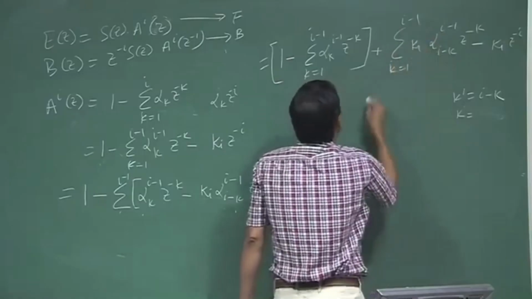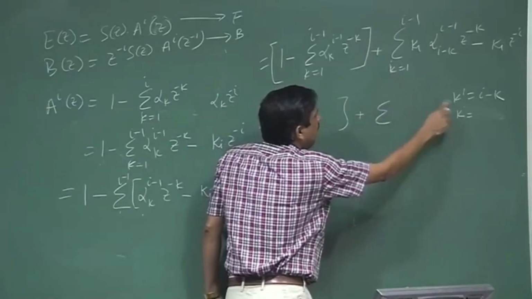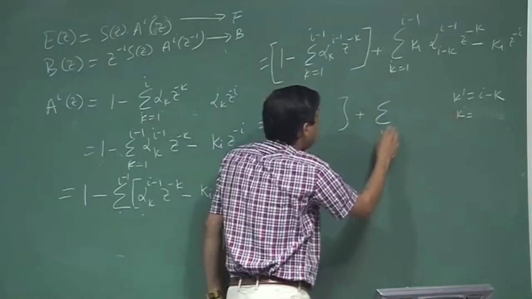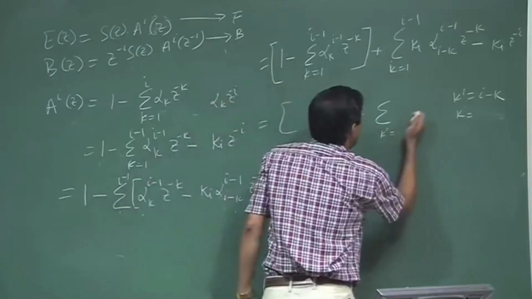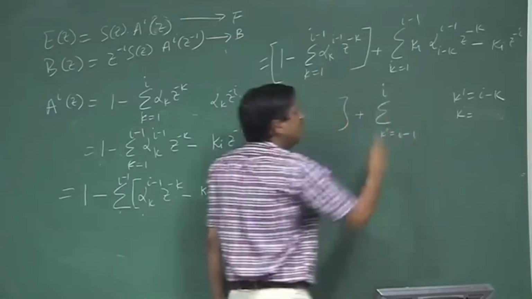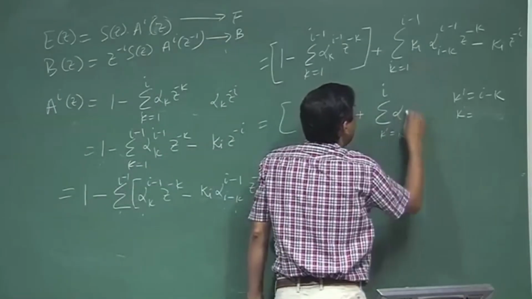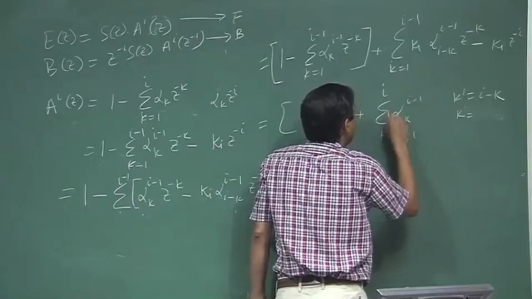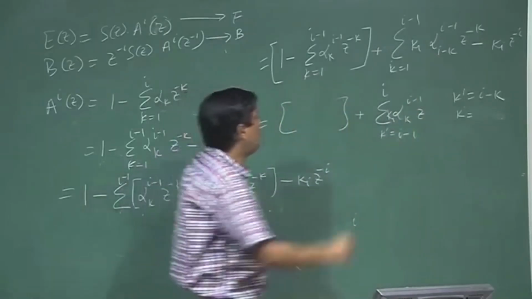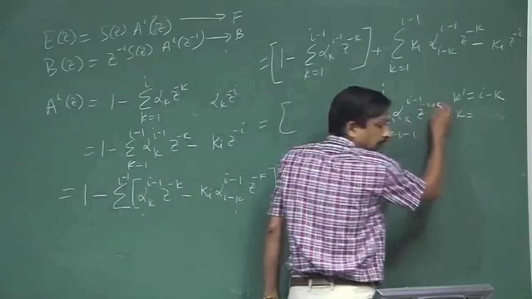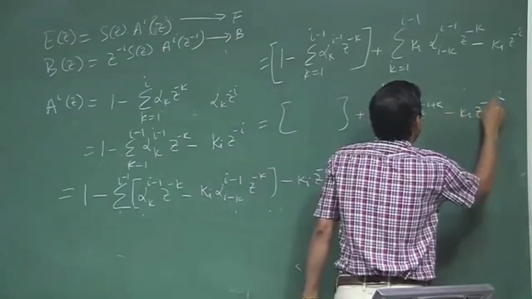So, instead of k, let us say this term is there plus, instead of k I put k dash. So, k dash is equal to i minus 1 to i, alpha k i minus 1, k i into alpha k i minus 1 into z to the power minus k. So, z to the power minus i plus k, minus k i z to the power minus i.